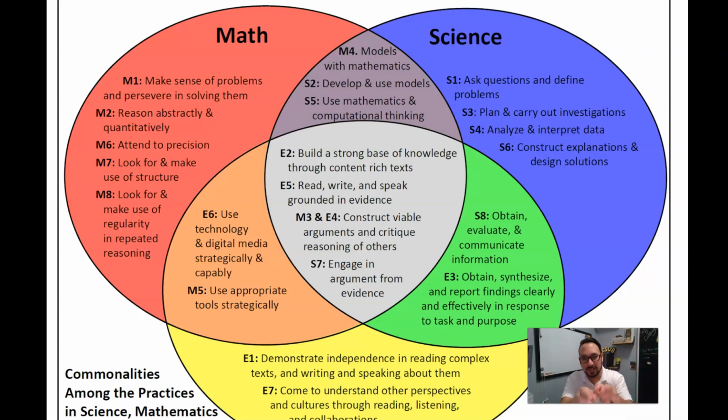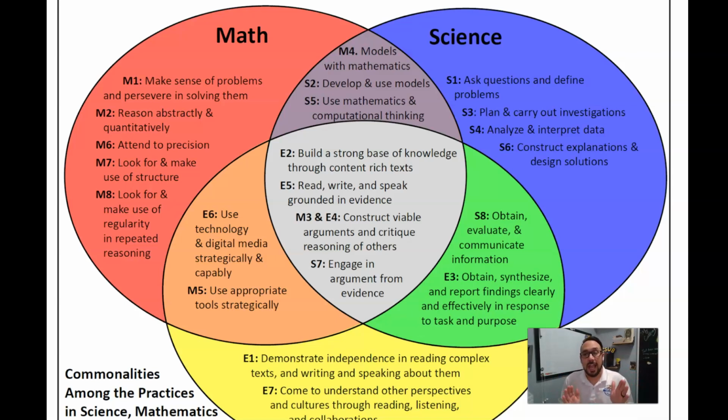So that center area, the gray area, is this magic point where students are applying their math skills, their science skills, their ELA skills to produce something.